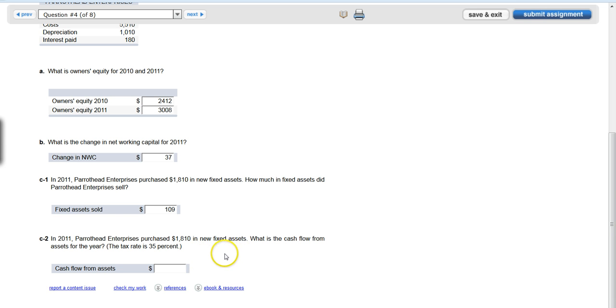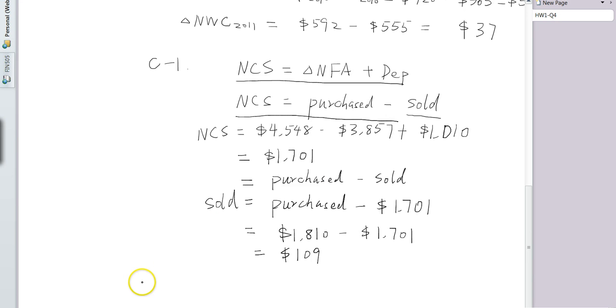And the final part C2. So part C2 is based on all the previous parts. And it's asking what is the cash flow from assets for the year 2011. And we know that to get the cash flow from assets, CFFA, we have to figure out first operating cash flow, right? And then we have to do two adjustments.